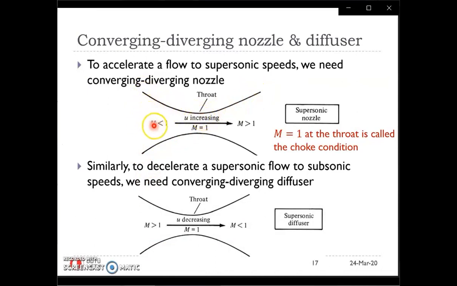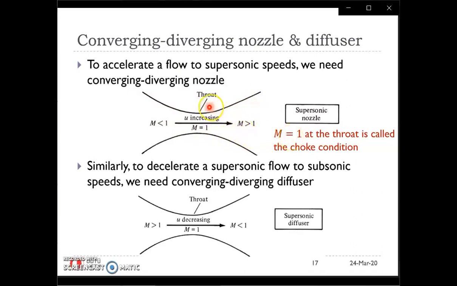So if a subsonic flow is incoming here, if certain conditions are satisfied, which we'll see later, it will reach the Mach 1 condition at the minimum area location, which we call the throat, and then accelerate because the area is increasing, so it will go to supersonic speeds.